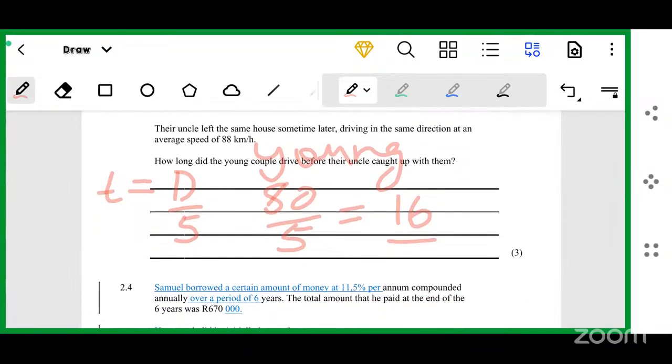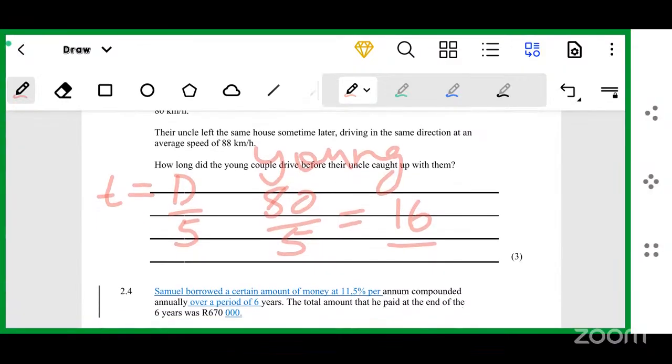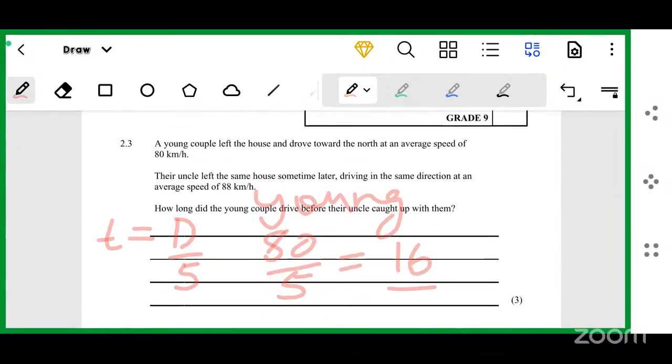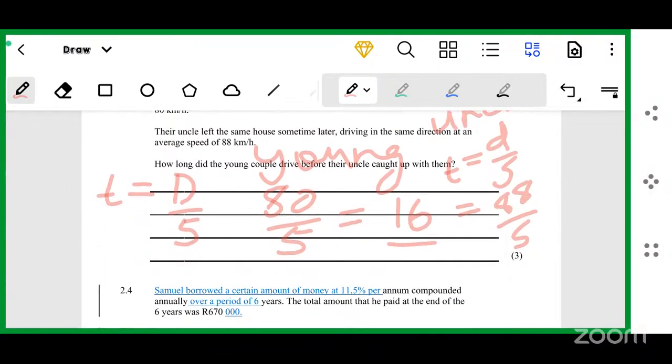Then I said for the uncle, the same formula, T is equal to D over S. Okay. And I said 88 over 5, being equal to 17.5.